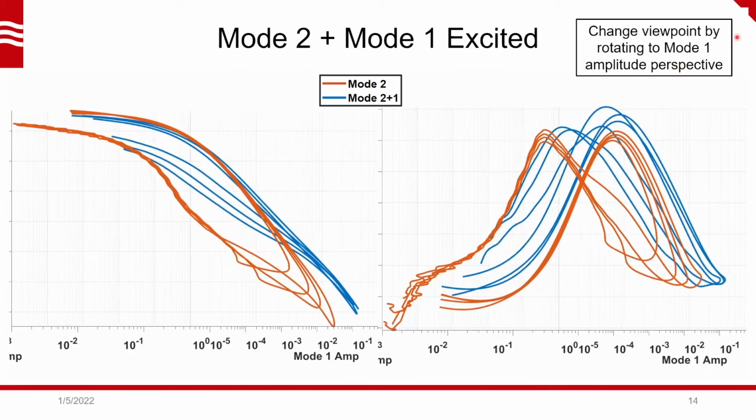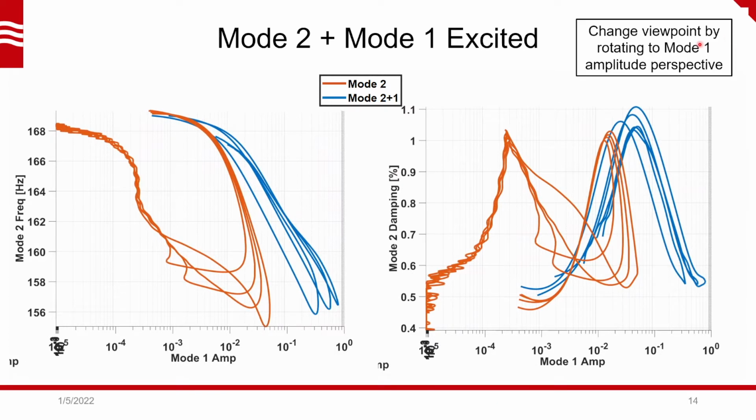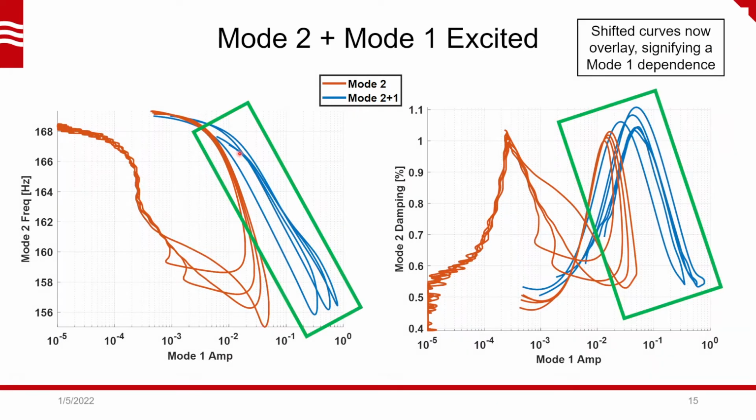Now if we rotate and change the perspective to look straight on from a mode 1 amplitude view, then where before the blue curves were all spread out, now they basically line up, showing that these have a pretty good dependence on the mode 1 amplitude instead of mode 2.